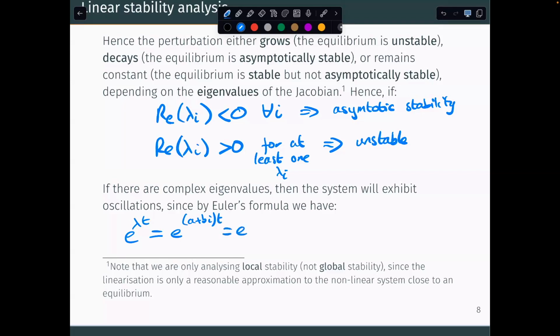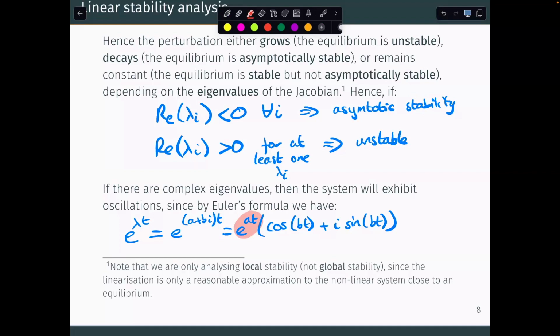By Euler's formula, we can write this as e to the at times cos of b times t, plus i sine b times t. So if we have some complex eigenvalues, that means there must be some oscillatory dynamics in this system. Ultimately, though, this a here is from the real part of this eigenvalue.